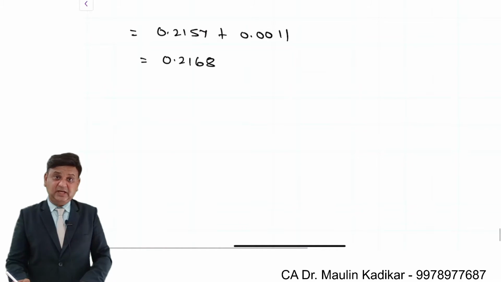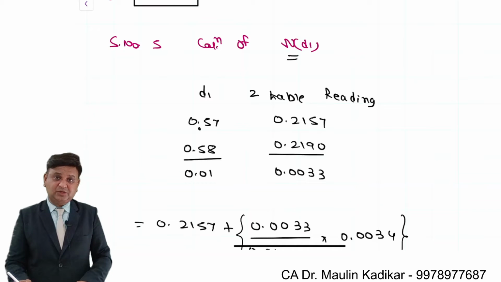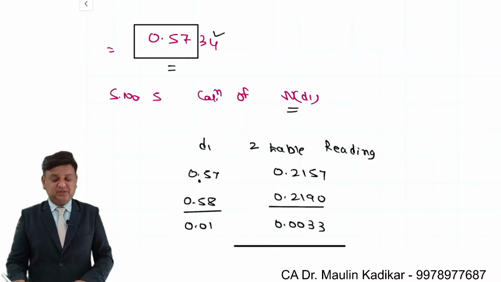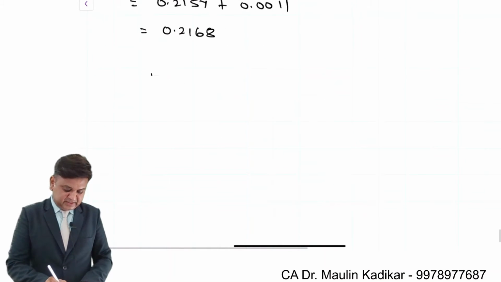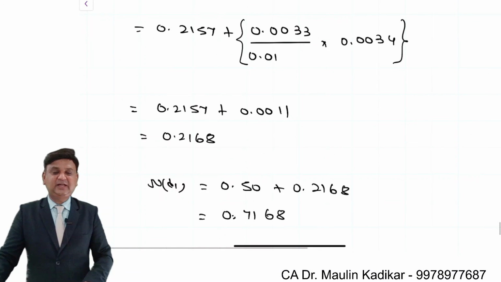Now for the purpose of ND1 calculation, we have to see whether D1 is positive or negative. It is positive. So ND1 is equal to 0.50 plus 0.2168, that is 0.7168. This is the way ND1 will be found.